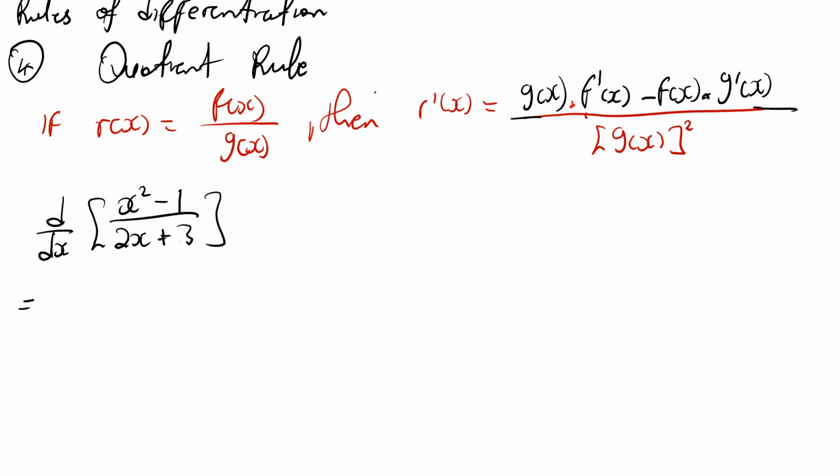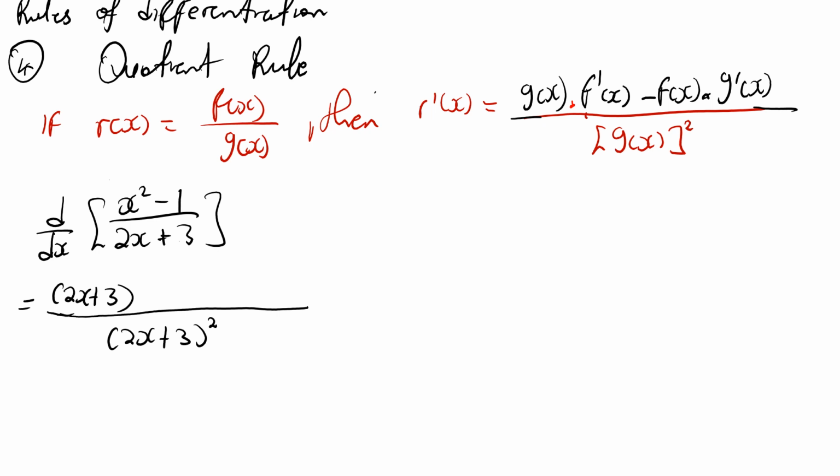We start by squaring our denominator, which is 2x plus 3 squared. After squaring our denominator, we write it here, 2x plus 3. As you can see here, we're squaring g of x and then writing it there.